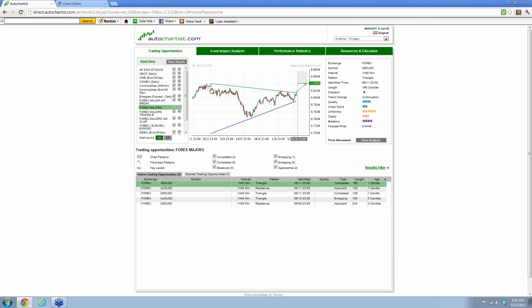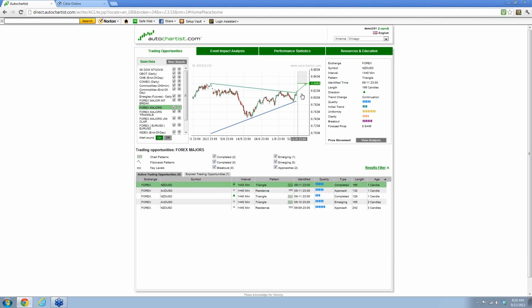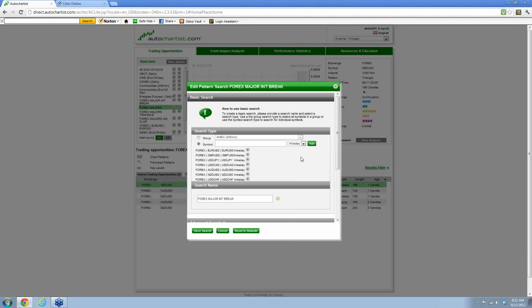So in here I have my same universe of 7 major Forex markets, but I go down to the advanced search, and what I do here is I select any direction, up or down, doesn't matter to me, but I want to see if I can come up with some patterns that show a 5-bar initial trend and a 5-bar breakout trend.